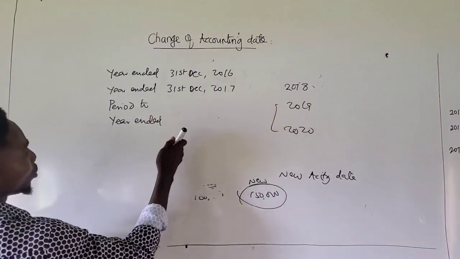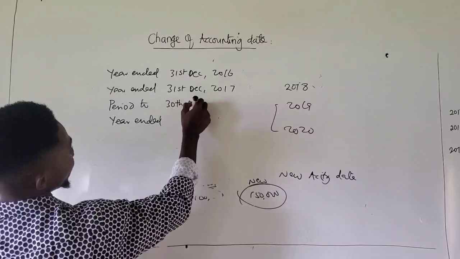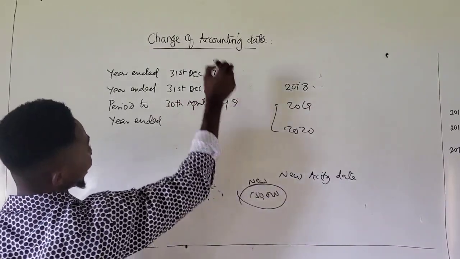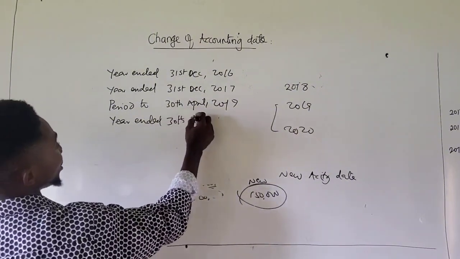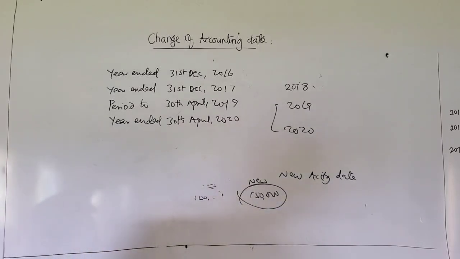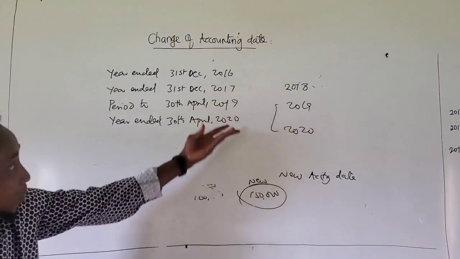Let's say period to 30th of April 2019. Year ended 30th April 2020. Now you agree with me that if you look at it now, there is a jump.